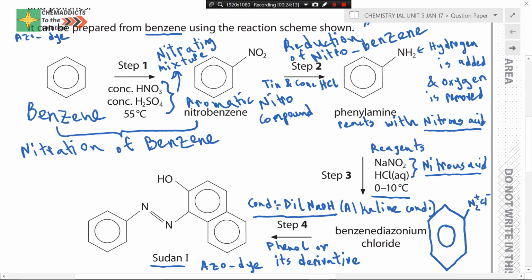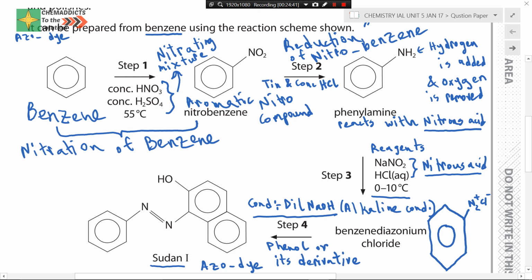In the third step, we want to prepare benzene diazonium chloride from phenylamine. For that we need nitrous acid. In step 3, phenylamine reacts with nitrous acid to give benzene diazonium chloride.